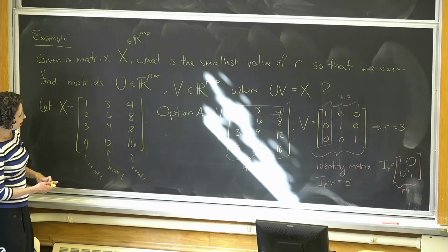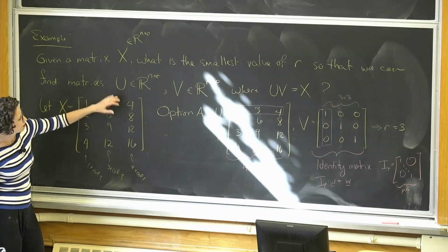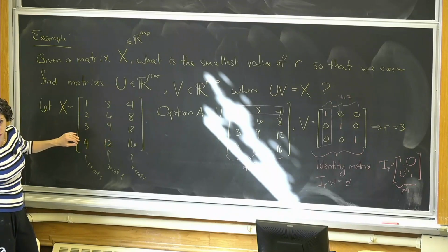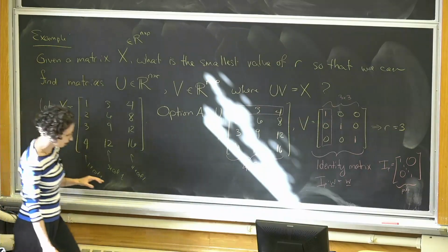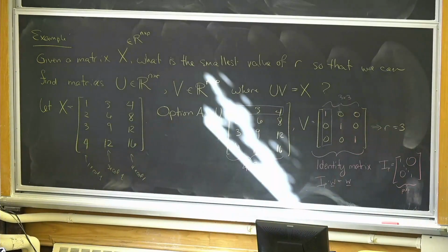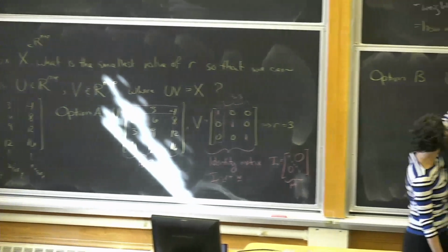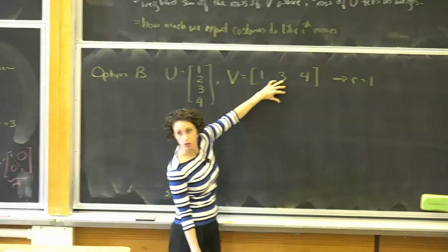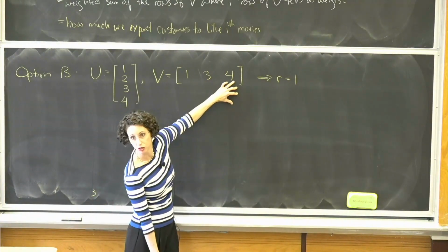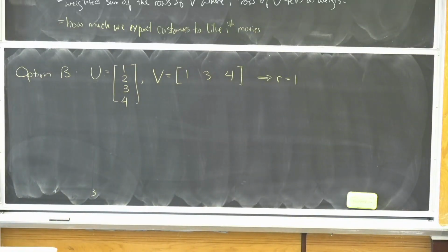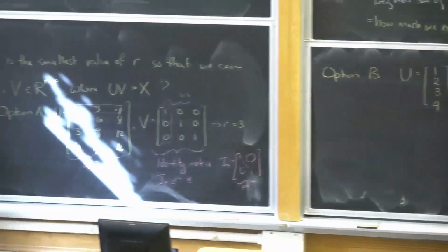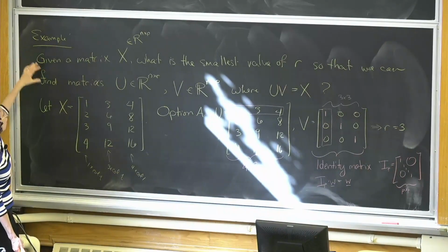So I'm observing that these 3 columns are all just scalar multiples of each other. And so I can write it as this outer product, which is telling me I've got this one base column, and in X, all the other columns are just scalar multiples of it. So the first column is just U, and the second column is 3 times U, and the third column is 4 times U.